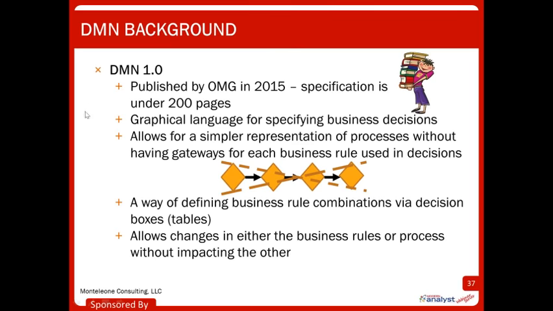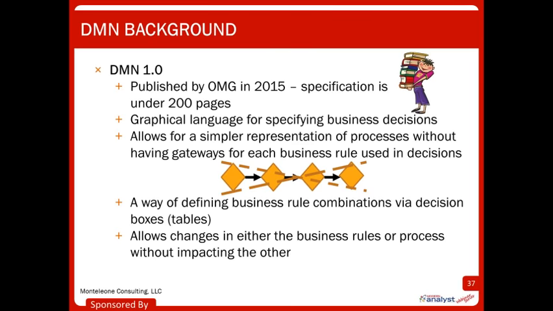And it certainly does allow for a simpler representation of processes, because if we were to put all those various business rules and decisions into our model, we'd have these gateways all over our BPMN model, and it would be rather confusing.